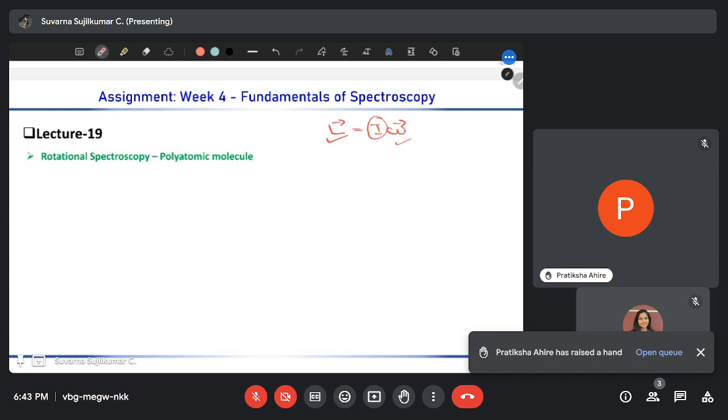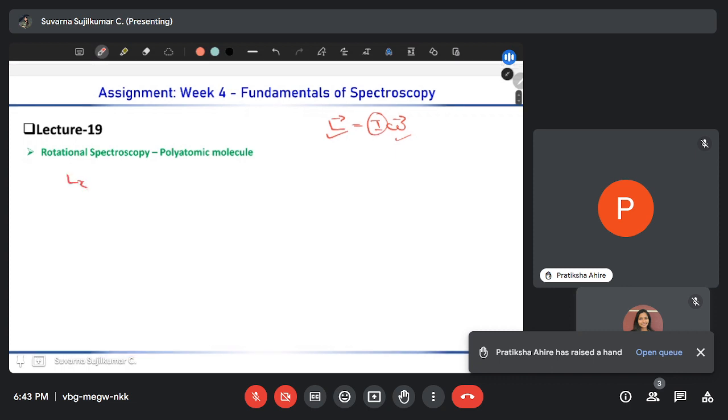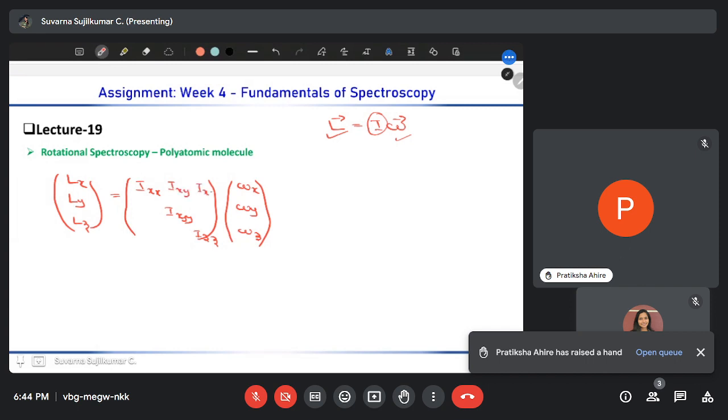So we can write this expression in a matrix form as well, where Lx, Ly, Lz will be the resultant matrix, and we will have a diagonal term of I like this and off diagonal terms as well. So the off diagonal terms are Ixy, Ixz, Iyx, Izx, Izy, Iyz.